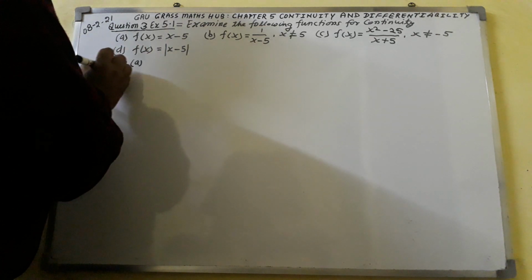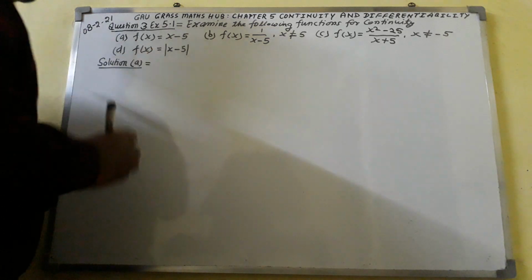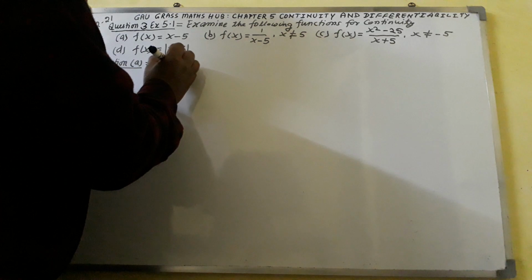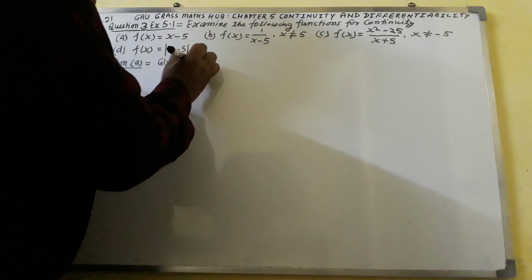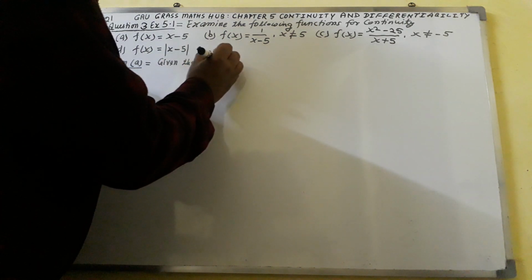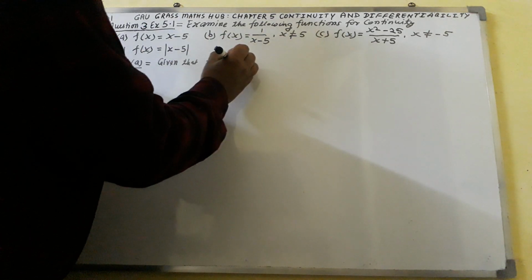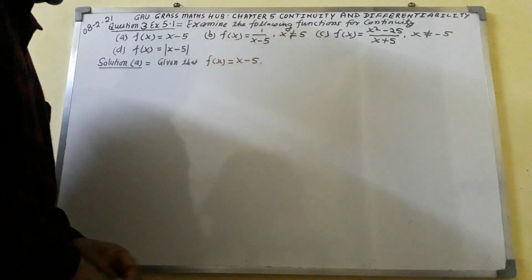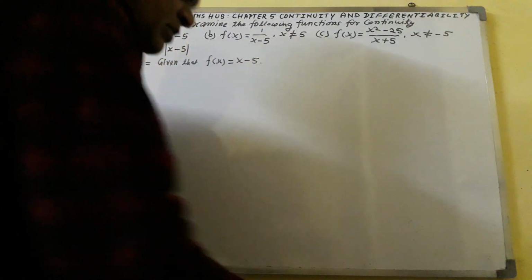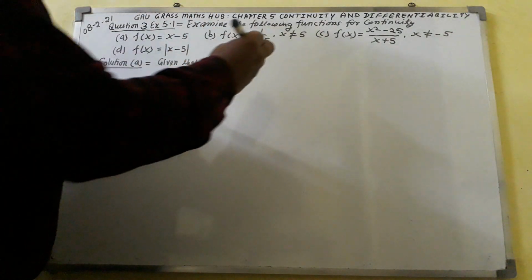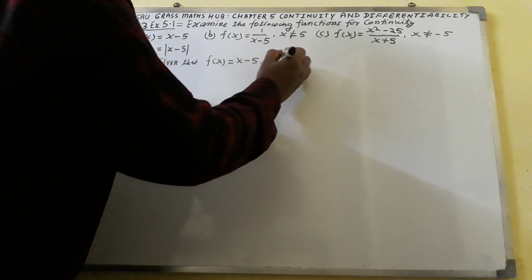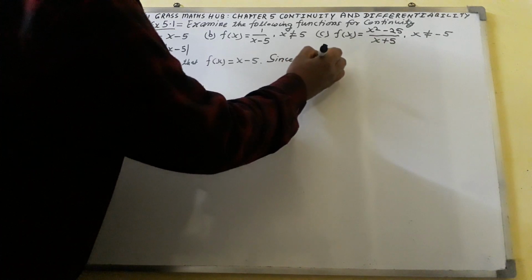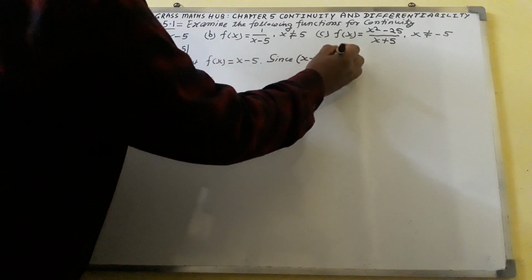Solution A. Given that f of x equal to x minus 5.